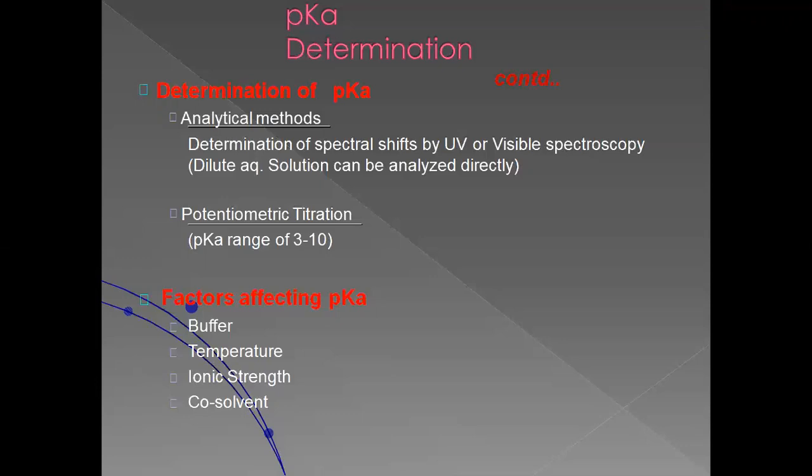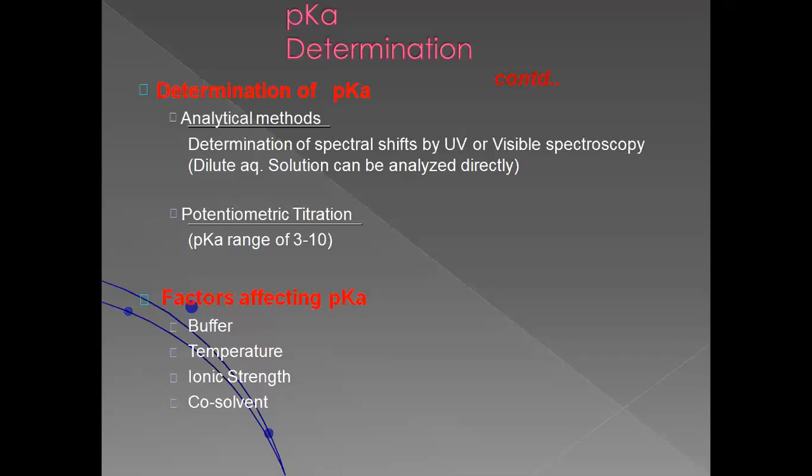So, to prevent precipitation, a co-solvent such as methanol or DMSO can be incorporated to maintain sufficient solubility for the unionized species, and the pKa value is extrapolated from the titration data collected at various co-solvent concentrations.